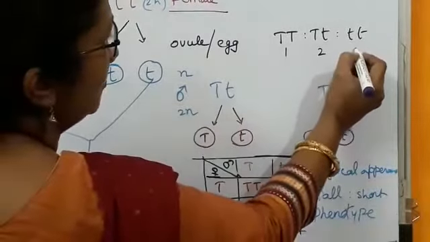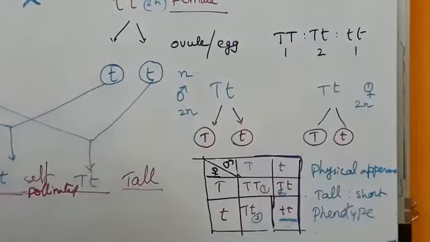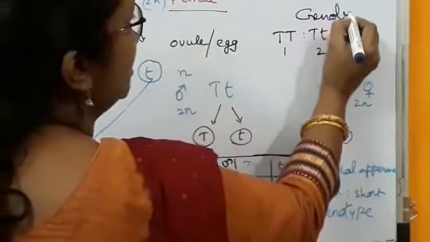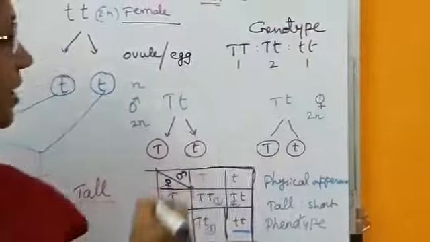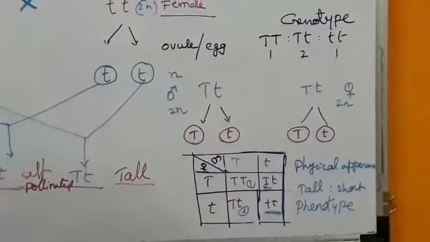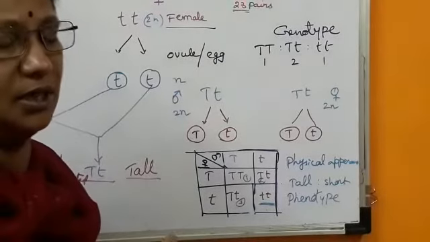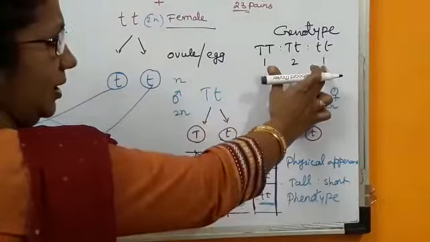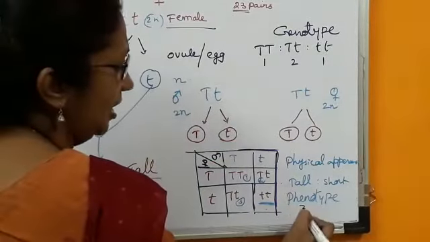And how many small t small t are there? 1. So 1:2:1. What is this? This is called genotype. What you call? Genotype. Based on the arrangement of the genes, the genetic arrangement of the particular organism is called genotype. So genotype is 1:2:1 and its phenotype is 3:1.